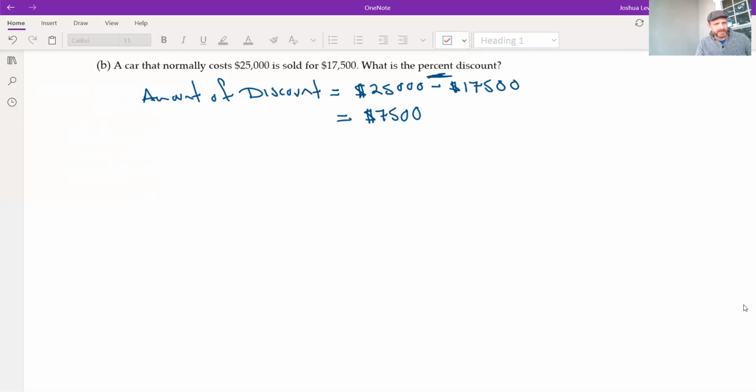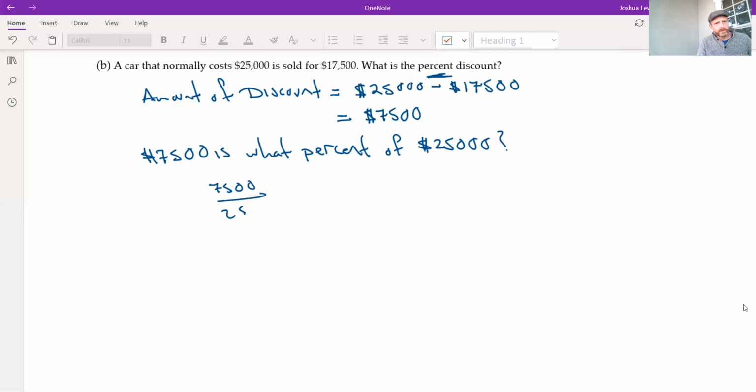But I could phrase this a certain way, right? I could now say that $7,500 is what percent of $25,000. And that's exactly the kind of form I want, right? Is over of equals x over 100.